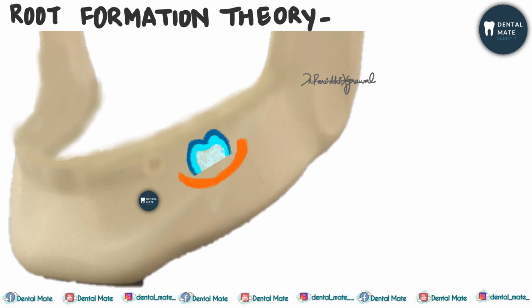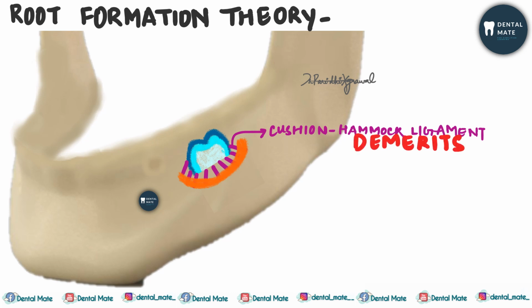This theory postulated the existence of a fixed base, which is the cushion hammock ligament that straddles the base of the socket from one bony wall to the other like a sling, and this acts as a strong base. So this theory claimed that there was a fixed base, and the cushion hammock ligament was attached to the base of the socket like a sling.